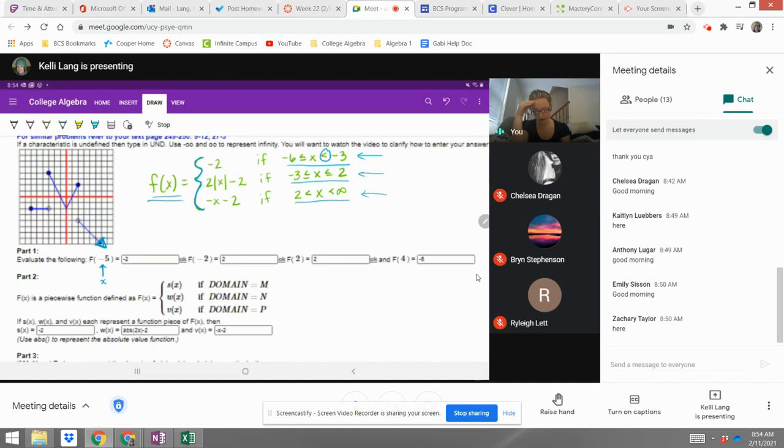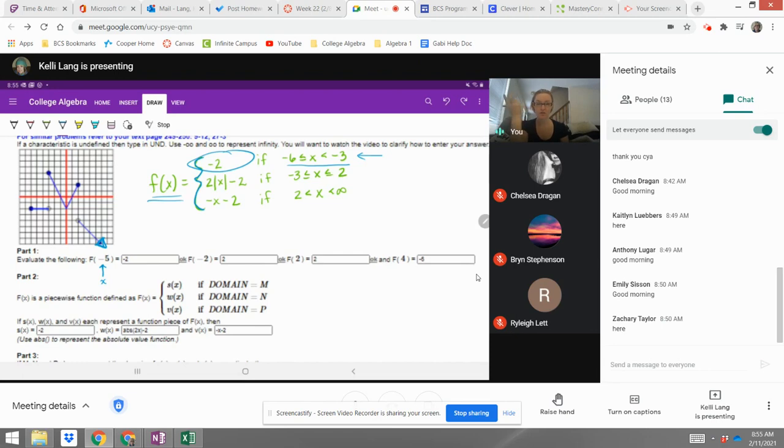Well, -5 is in between -6 and -3, so it would actually be the first domain that we would look at. So we would take -5 and we would plug it into our first function for x. Well, this one doesn't happen to have an x, so we don't have to plug it into anything. Instead, f of x is always equal to -2 for this domain, so we would just put -2 as our answer. Now that's the algebraic way of finding your answer.